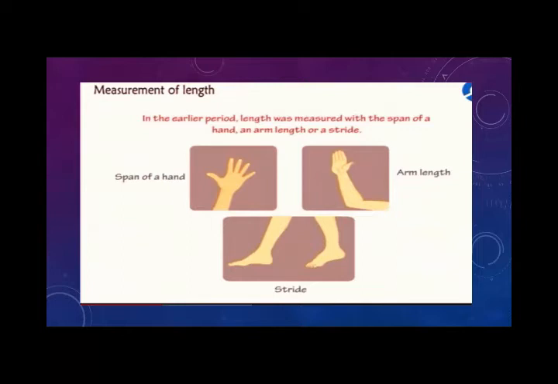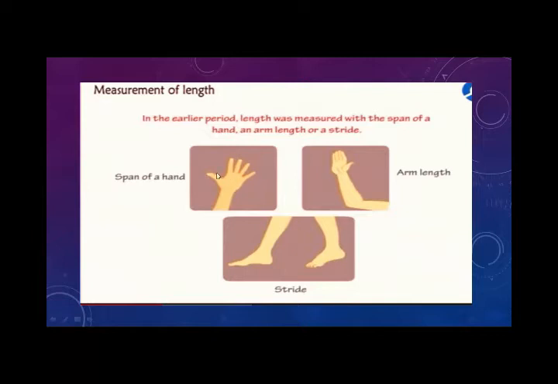So first of all, what is length and how to do measurement of length? In earlier period, length was measured with the span of hand, an arm length or a stride. Okay, this is a span of hand.